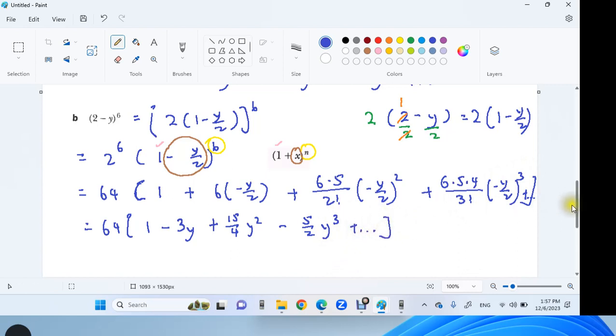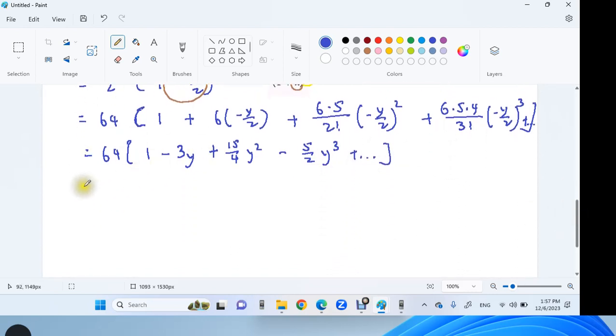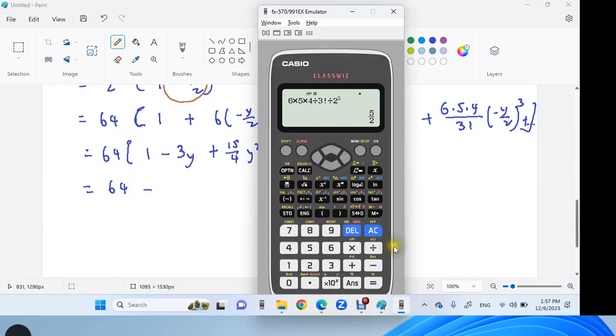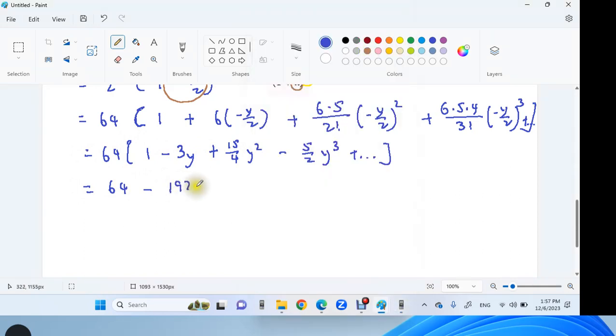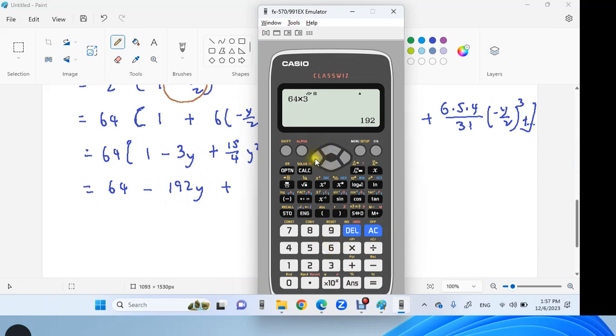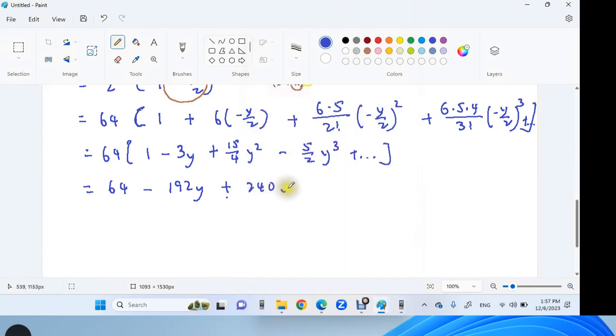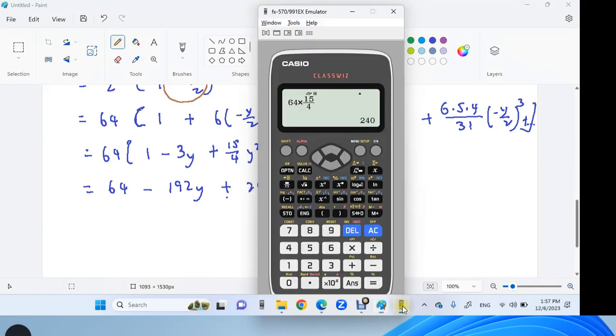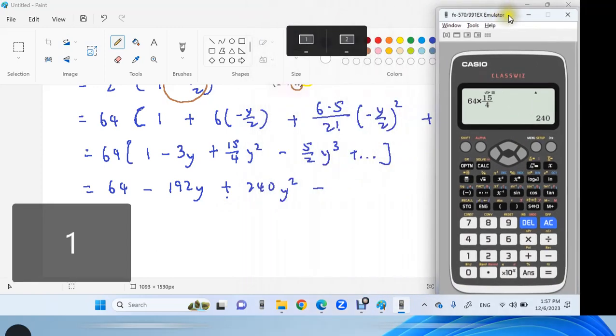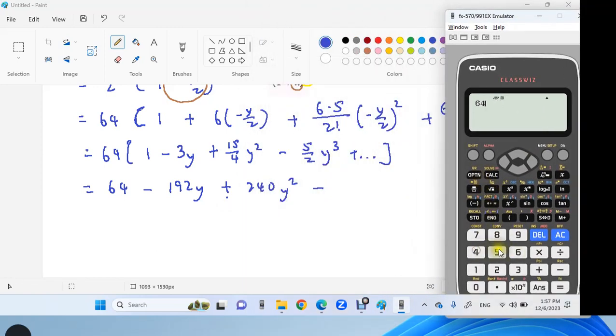And so on. So I multiply the 64 inside, then it will be 64 minus 64 times 3, 192. And then we have 64 times 15 over 4, then 240, minus 64 times 5 over 2.